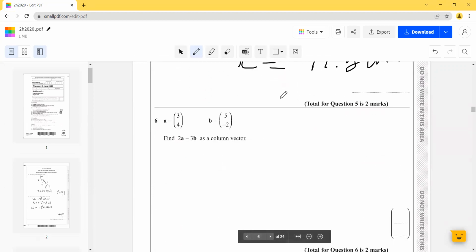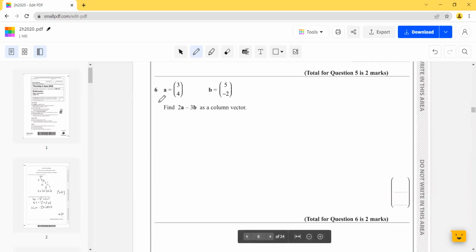Okay. Question 6. Given A is the vector 3, 4, and B is the vector 5, minus 2, find 2A minus 3B as a column vector. Okay, again, simple to do. We just have to write it as a column vector.